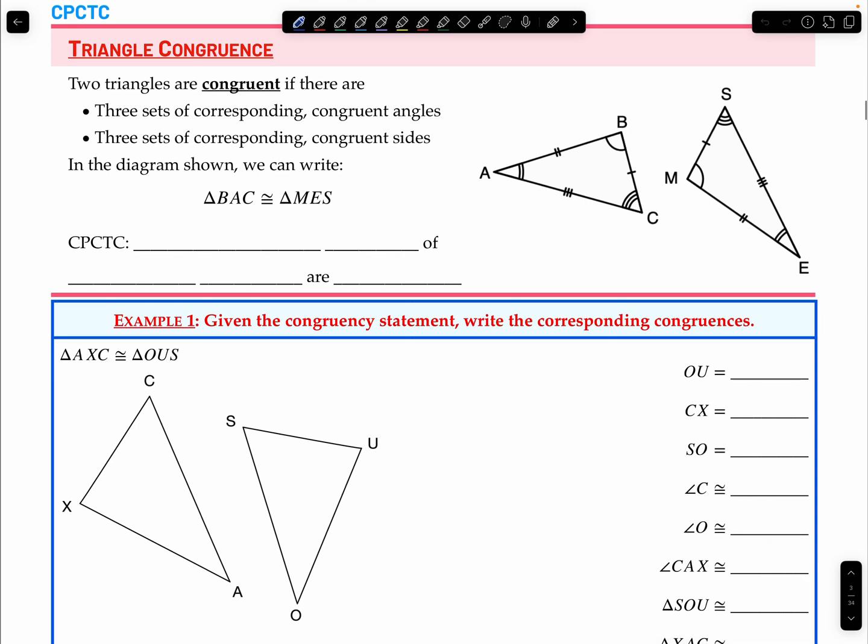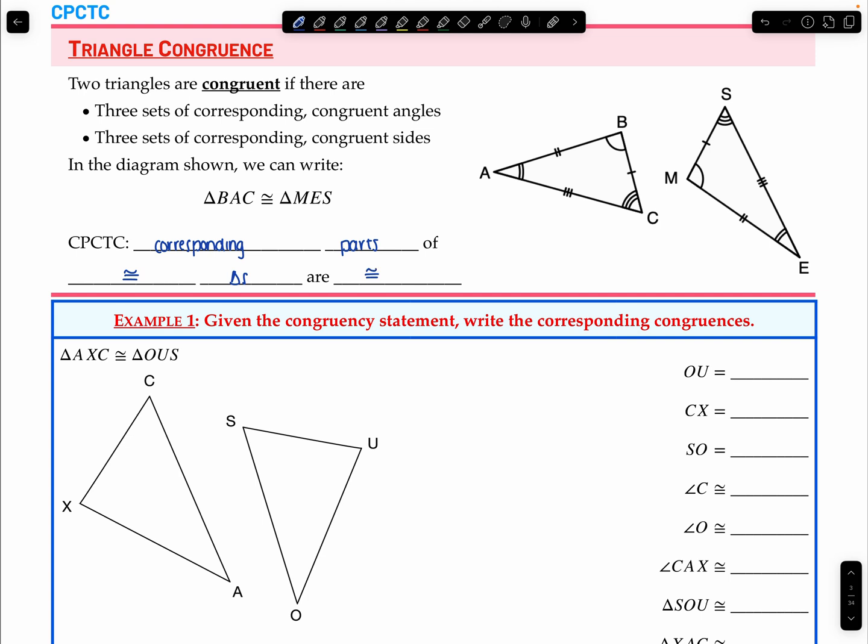And it's this acronym here that says CPCTC, which stands for the fact that corresponding parts of congruent triangles are congruent.